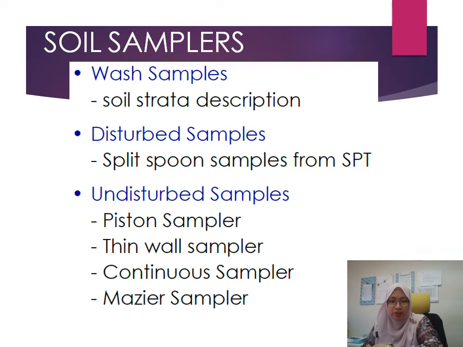Undisturbed means that we are trying our best to protect and preserve the soil sample so that we can make sure the structure of the soil and the moisture content of the soil are preserved. We have to take good care of the sample so that it will not be disturbed.